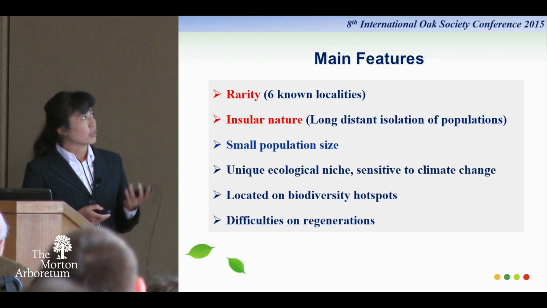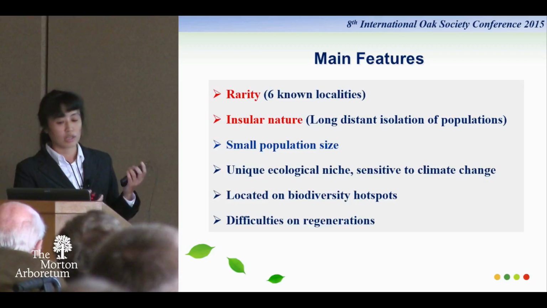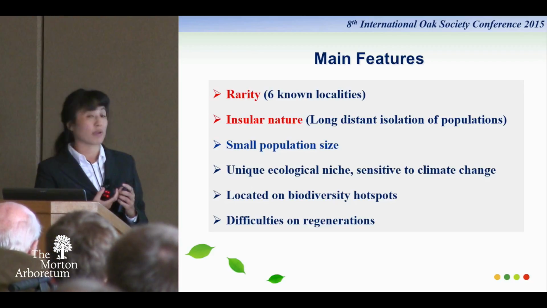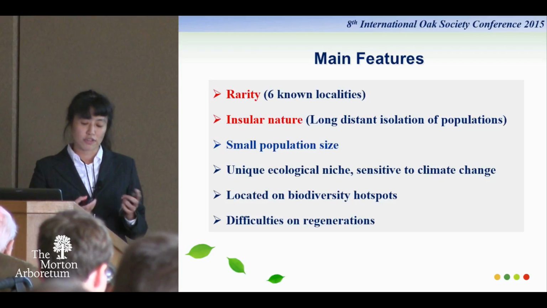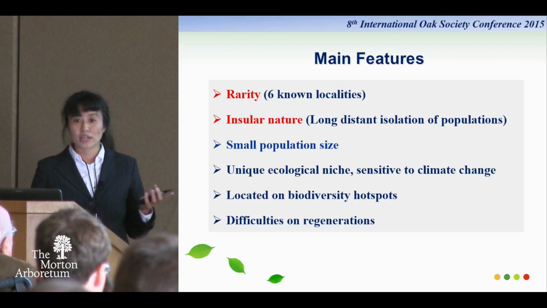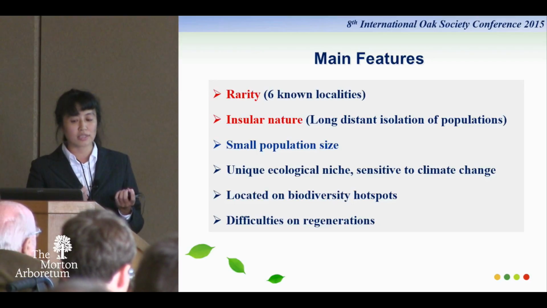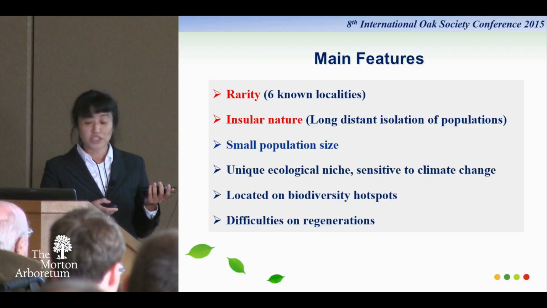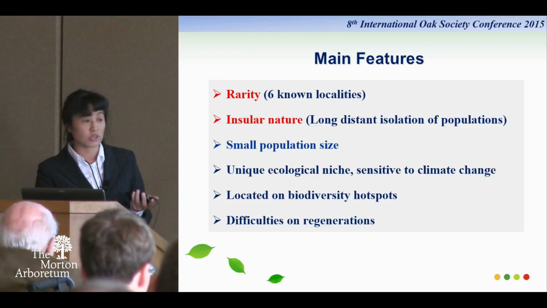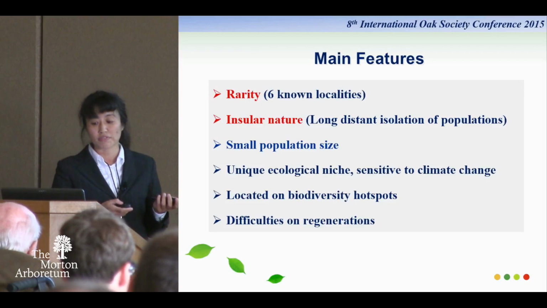So here I summarize the key characteristics of Quercus arbutifolia. It's very rare, with only three known localities, and it's a kind of inland species, and all the habitat populations are isolated by long distances, and population sizes are usually very small, especially the three populations where fewer than 20 individuals were found.